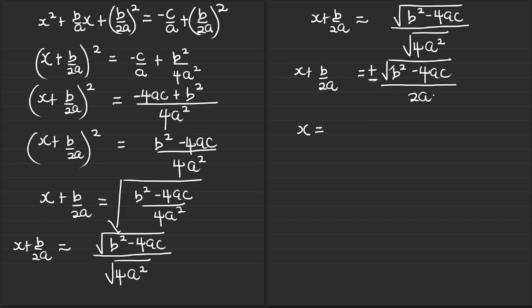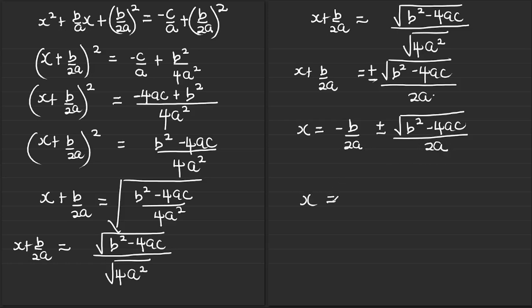If you are bringing it to the right hand side, then it becomes negative b over 2a. So negative b over 2a, we have plus or minus the square root of b squared minus 4ac, then all over 2a.